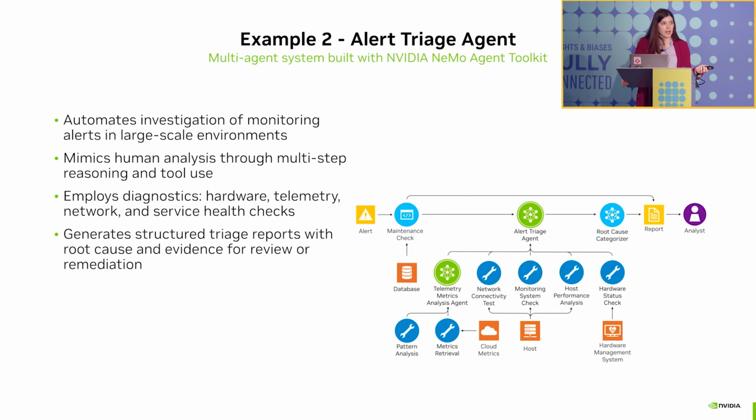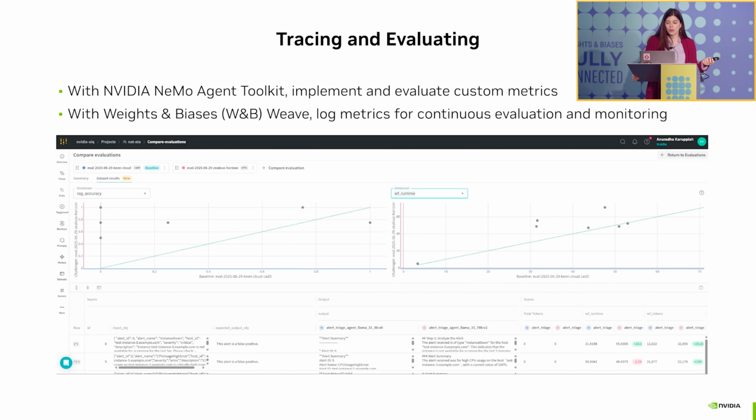So as an alert agent, this requires a lot of diagnostics for hardware, telemetry, and service health. And you can see them here also on this diagram if you are able to see a very small screen. And with NeMo Agent Toolkit, you can implement and evaluate any custom metrics for this kind of application.